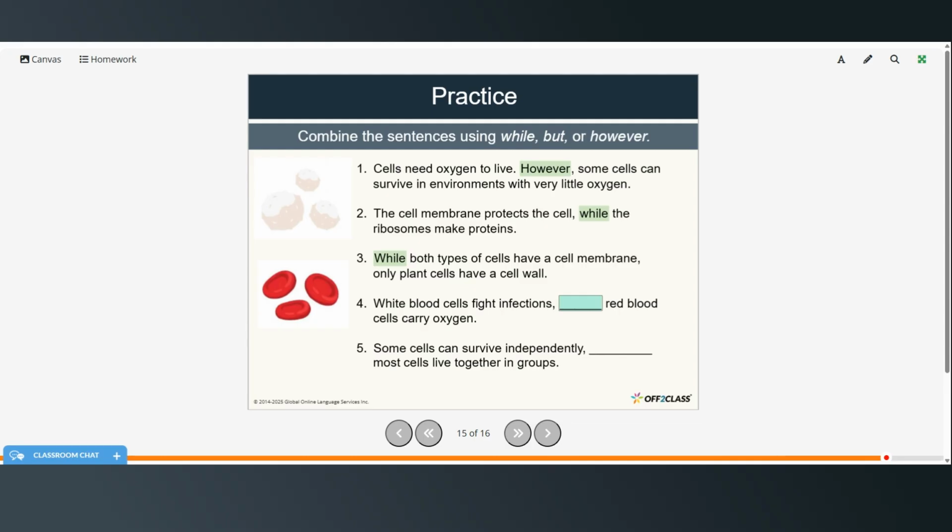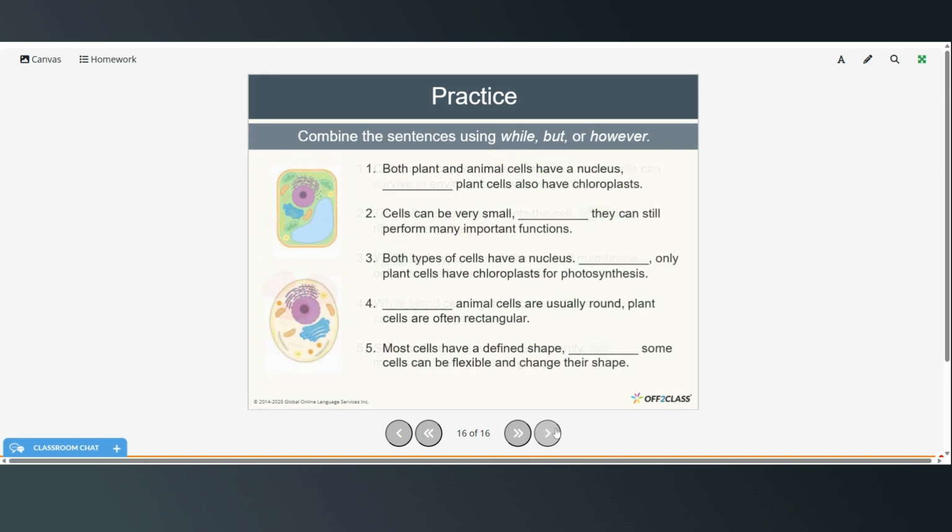White blood cells fight infections, but red blood cells carry oxygen. And some cells can survive independently, but most cells live together in groups. Both plant and animal cells have a nucleus, but plant cells also have chloroplasts. Cells can be very small, but they can still perform many functions.